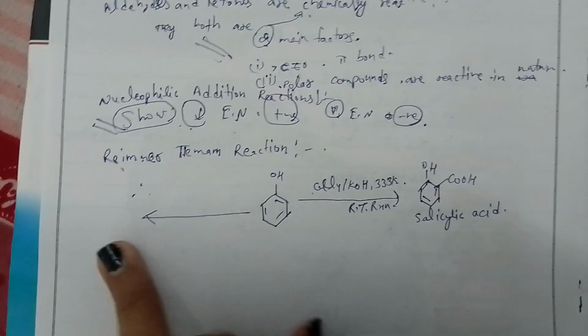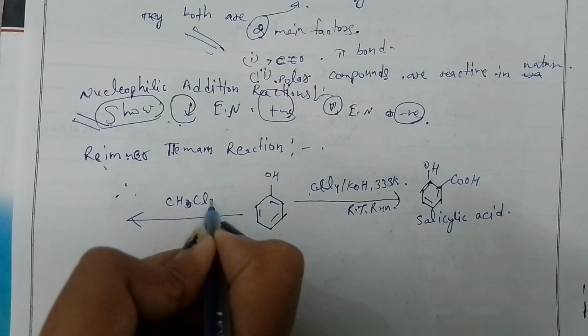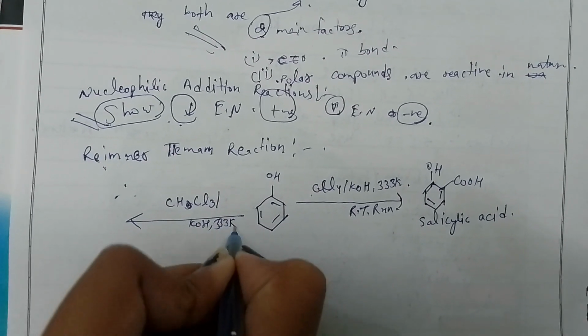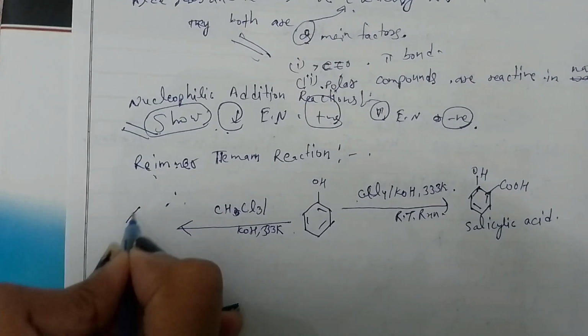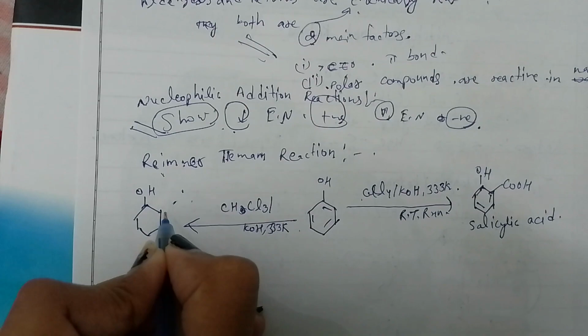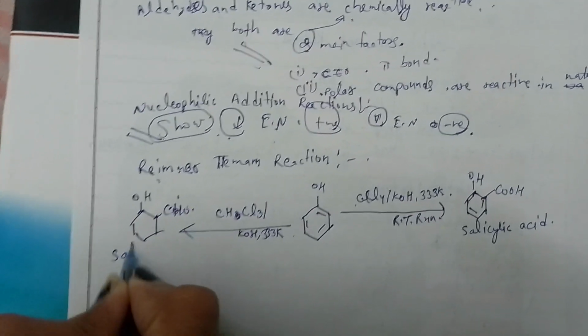And when we add CHCl3 and KOH at 333 Kelvin temperature, we will see the product, salicylaldehyde.